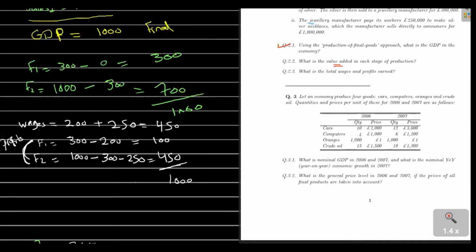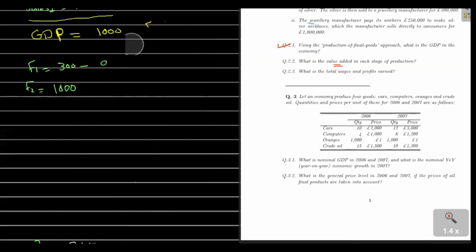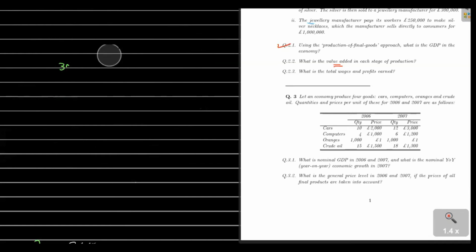So let's move on to the second question then. So hopefully now we understand how to calculate GDP using different methods. Okay, so the next question. Just trying to clean everything here so we can have more space.